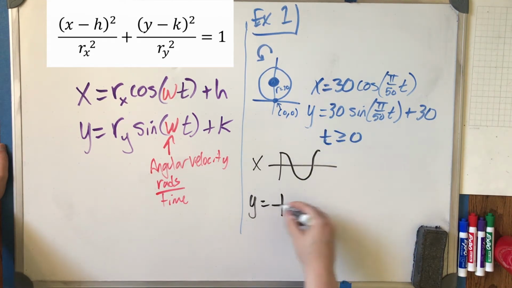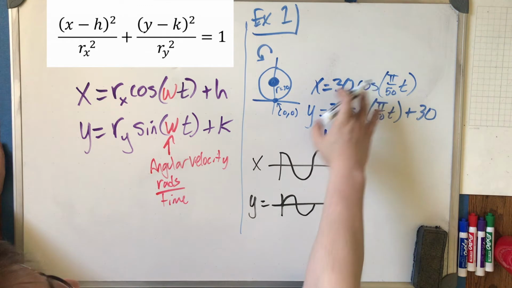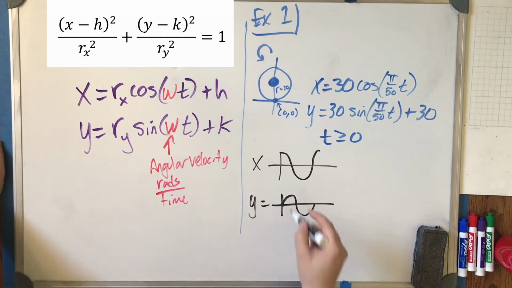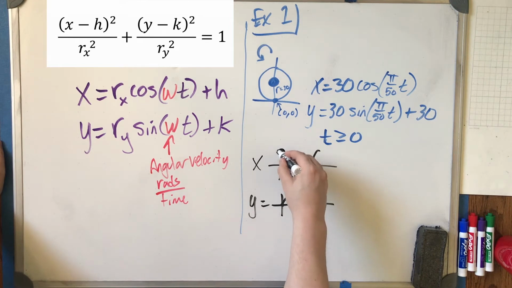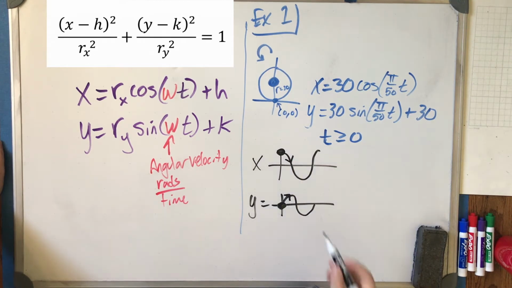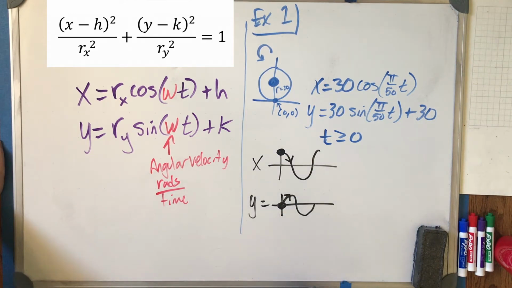Let me draw a quick little sine graph. It starts here and it goes up and then down. Making these connections back to this circle graph is really important, particularly what's happening here, and where this first direction is going. So the x value needs to start at a positive maximum value and then decrease.